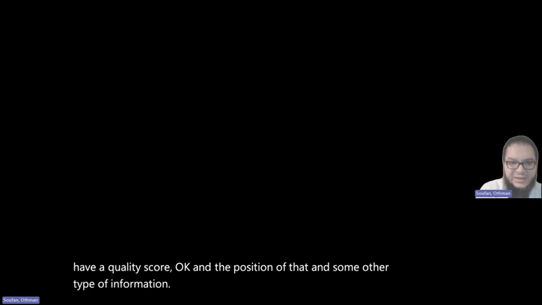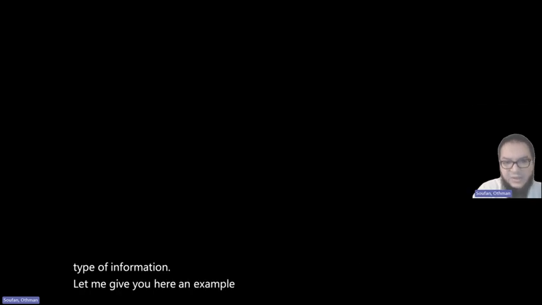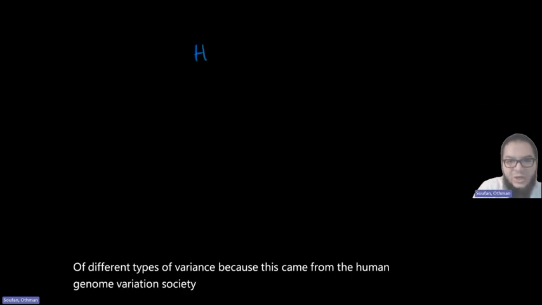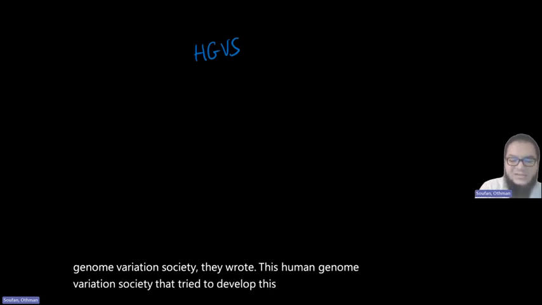Let me give you an example of the nomenclature of different types of variants, because this came from the Human Genome Variation Society. The Human Genome Variation Society tried to develop this standardization. Otherwise, everyone can come with their own way of how you would write down a specific variant.